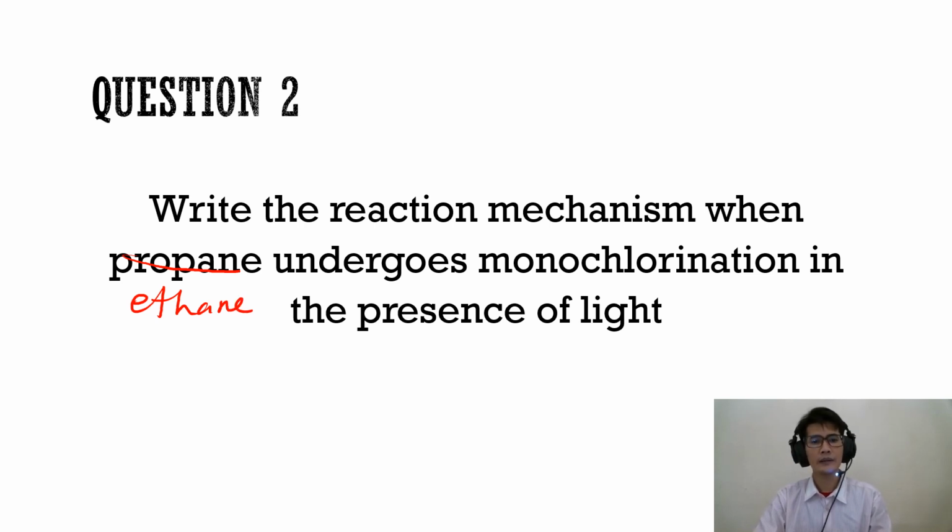Before we go through the mechanism, the first thing first, I want to tell you that the halogenation process for the alkane will undergo in the presence of light, indicated by UV, or in the presence of heat.